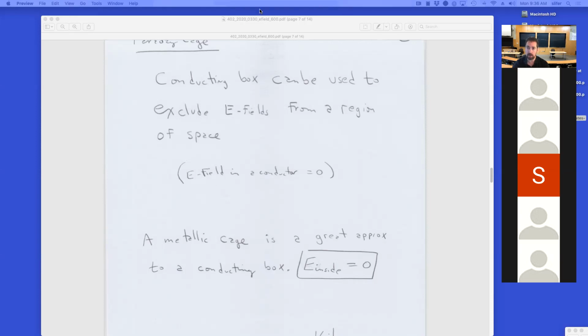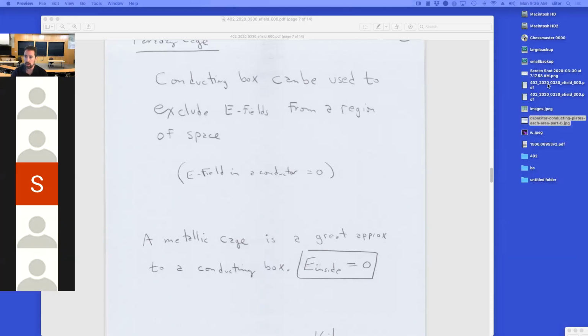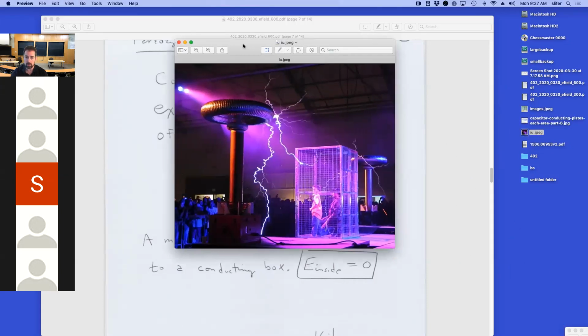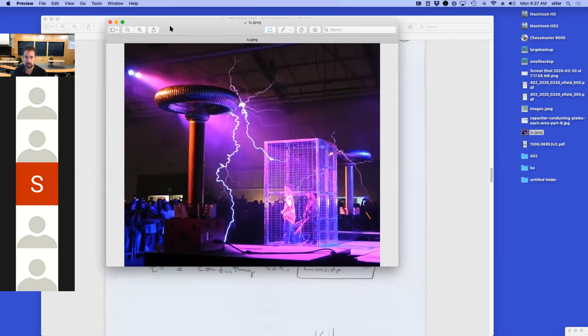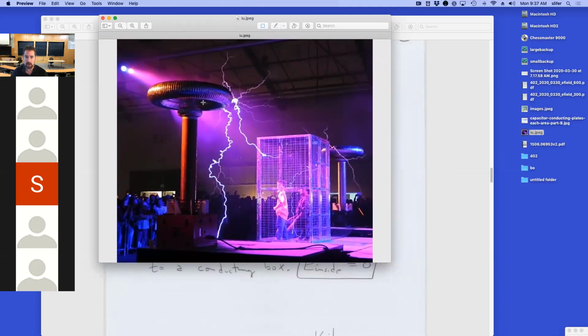What am I talking about? Let me show you a picture here. Here we have some poor kid inside a conducting box. And this thing is what's known as a Tesla coil. It creates large electrostatic forces, so it basically approximates the creation of lightning.